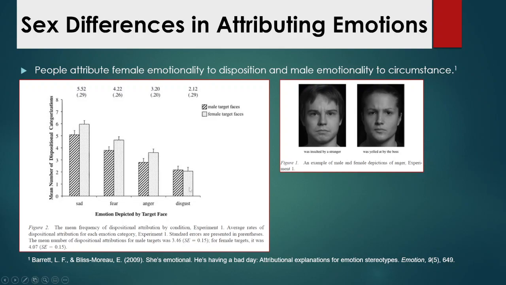And so you go across and you see males and females at each emotion. And then on the y-axis is the number of times the emotion being displayed was attributed to a disposition. Well, that's probably just an angry person. That person probably tends to get sad easily, that kind of thing.